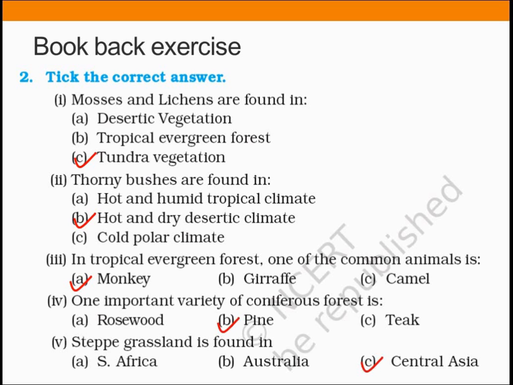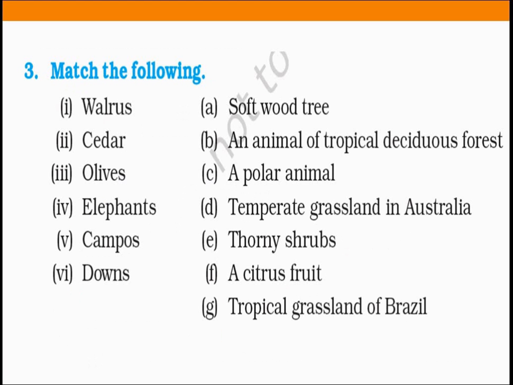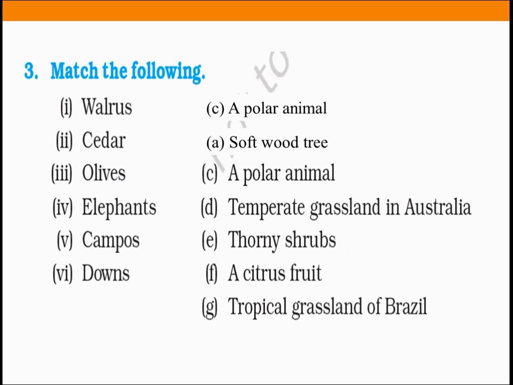See the match the following. The first one, walrus. The answer, a polar animal. The second one, cedar. The answer, softwood tree. Third one, olives. The answer, a citrus fruit.